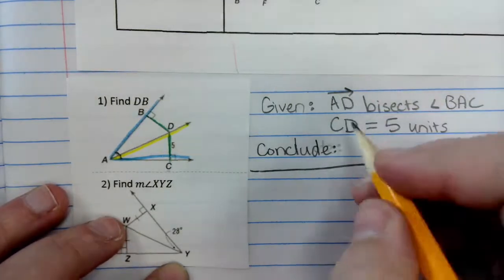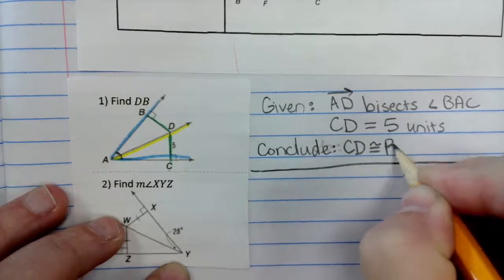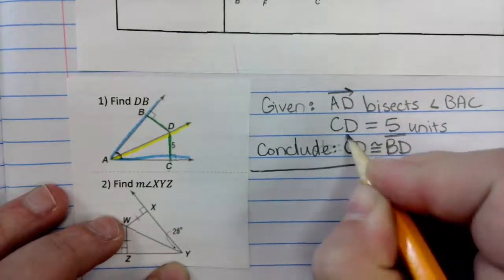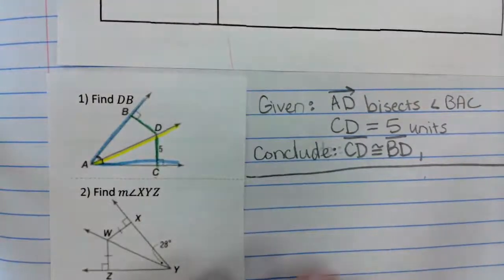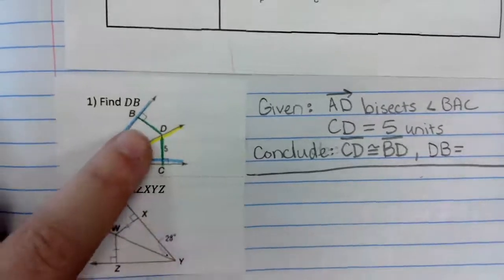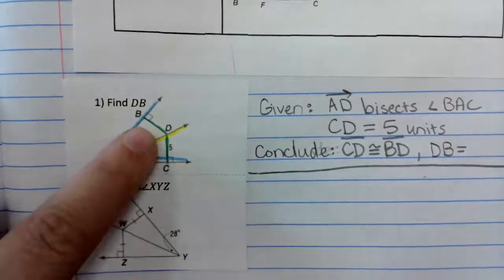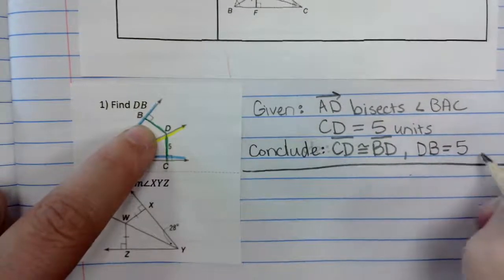Yeah, CD is congruent to BD. Which then means if I'm trying to find DB, how long is DB? Yeah, 5 units. Or 5.